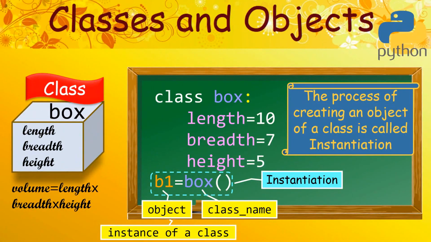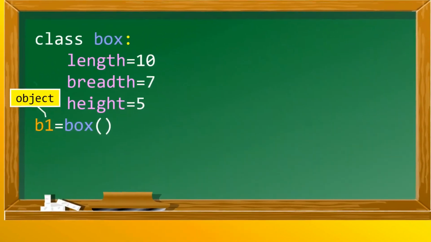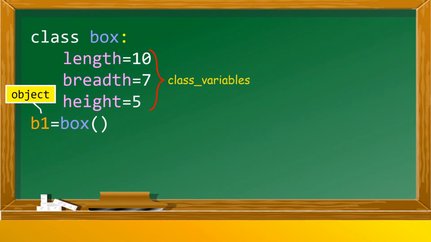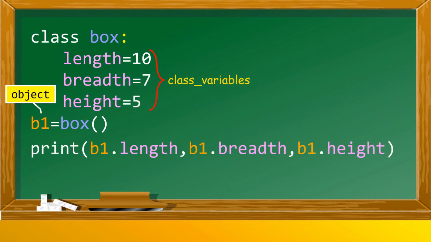Having created my object B1, next I want to access the class variables outside the class. For that I write a print statement, print b1.length, b1.breadth, b1.height. Class variables are also called class members because they are members of the class.